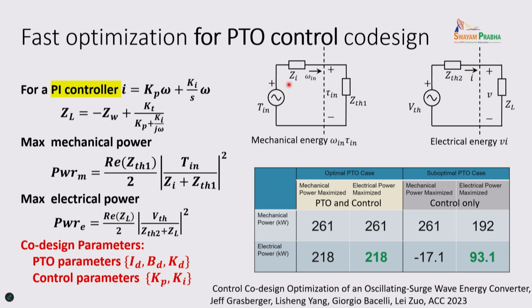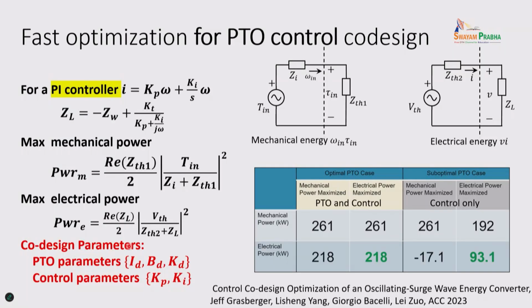So far we have talked about putting the PTO force and velocity in phase; actually, that concept is mechanical power output. We design the control parameters: the PTO's rotation inertia, PTO damping, PTO stiffness, and the controller KP and KI, with KP corresponding to damping and KI corresponding to stiffness.